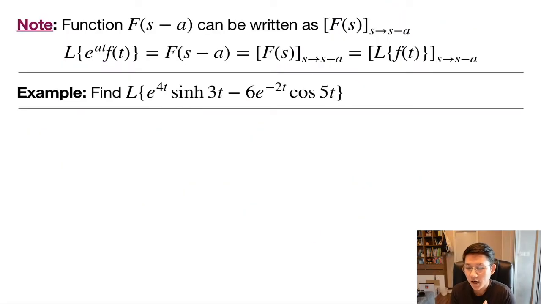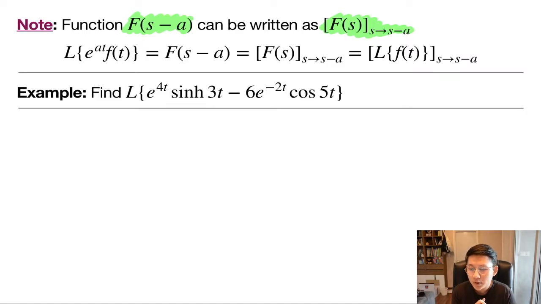Okay, next, there's a note that the function F of s minus a, which is F of s substituted with s minus a, can be written as F(s) with the arrow s to s minus a. So this and this are the same thing, but sometimes we use that because it's a little easier to write it that way.